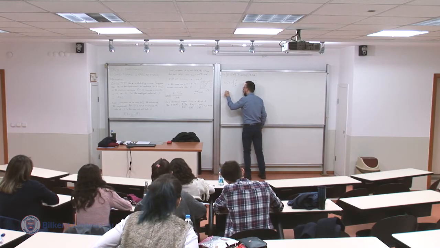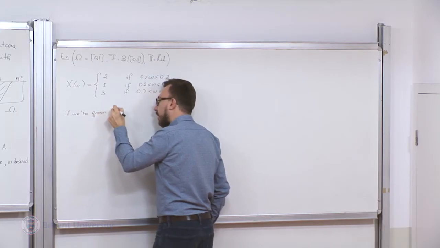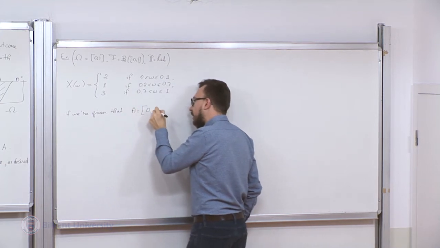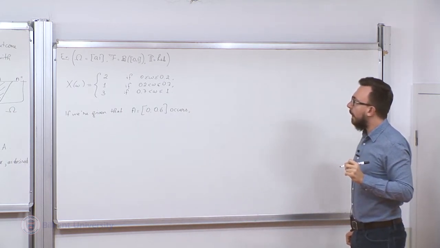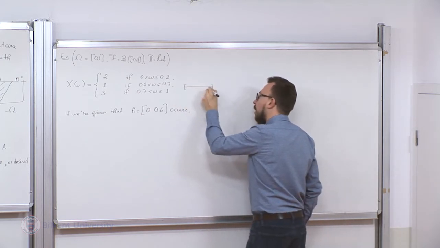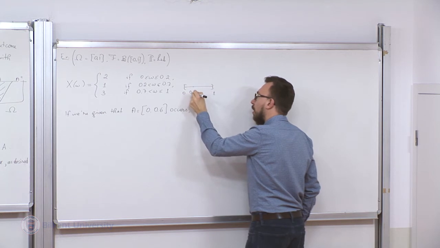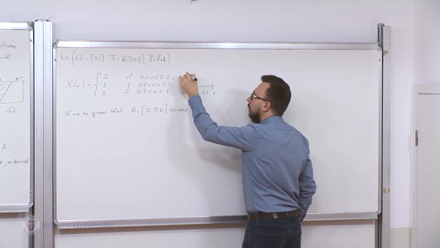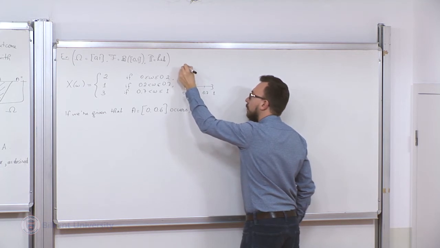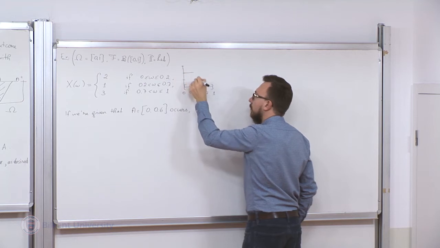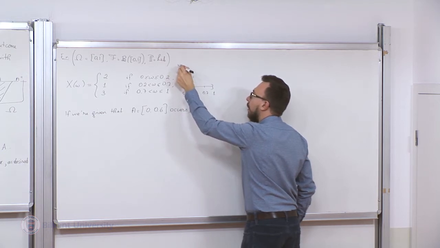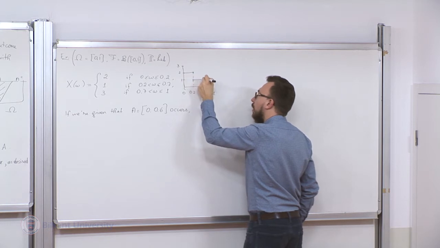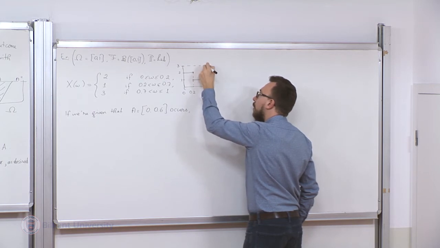For instance, if we're given that A, which is 0 to 0.6, occurs, so let's draw a picture. So 1, 2, 3, 1 here, and 3 here.